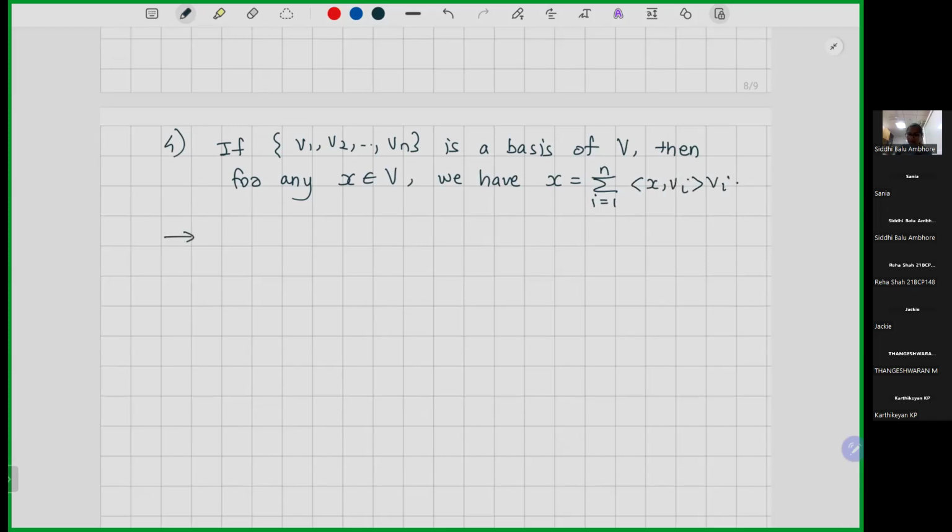They are asking whether this is true. v1, v2, ..., vn is any basis of V. Then for any x in V, whether we have this expression or not. Whether this always holds for any given basis of V. There are no conditions on the basis. It's just a normal basis.